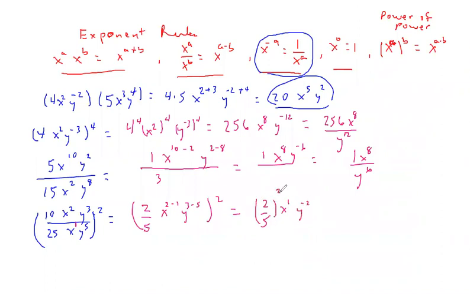So then I'm going to square that, and I'm going to square this, and I'm going to square this. So I get 4 25ths x to the first, y to the negative 4th, which would be okay. Or you could write 4x to the first over 25y to the negative 4.